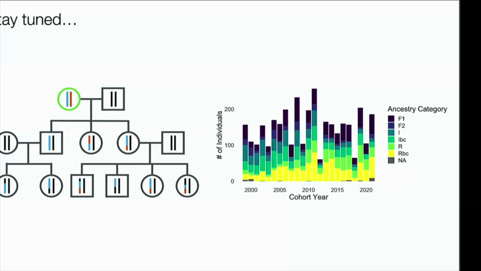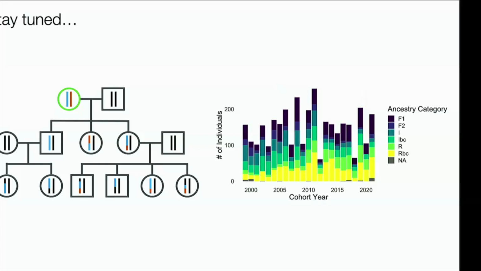So here on the right, I'm showing you our birth cohort colored by different ancestry categories. F1 here just refers to the offspring of an immigrant. F2s are grand offspring of immigrants, and we can also classify them into back crosses with another immigrant or a back cross with a resident.